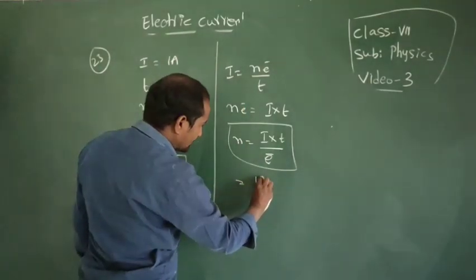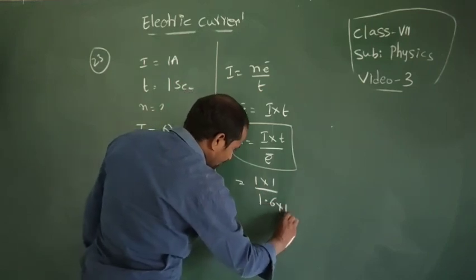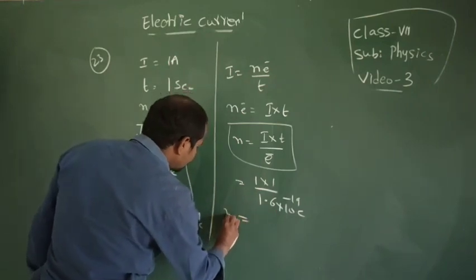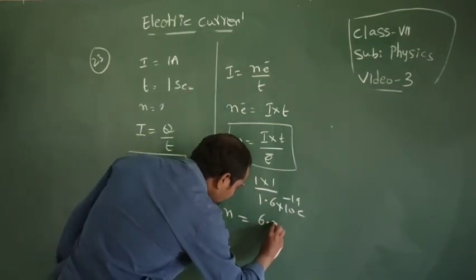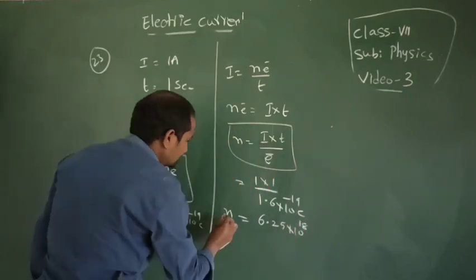So N equal to 1 into 1 by 1.6 into 10 power minus 19 C, that equal to 6.25 into 10 power 18.